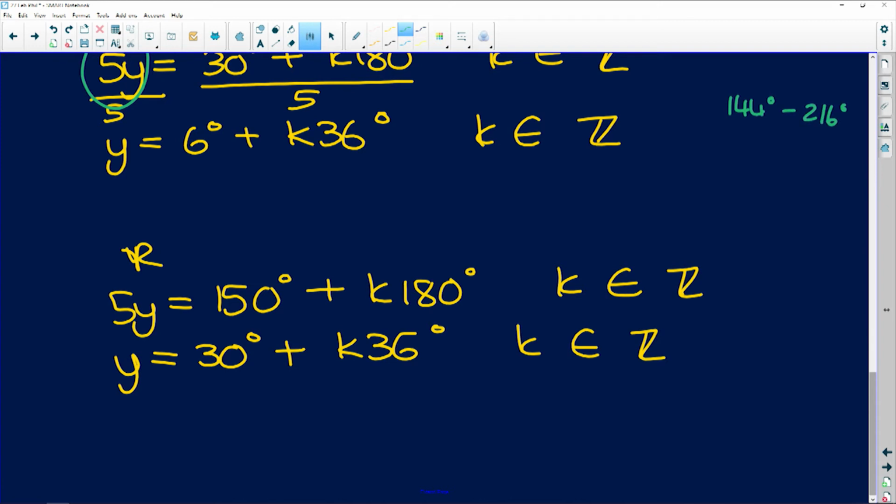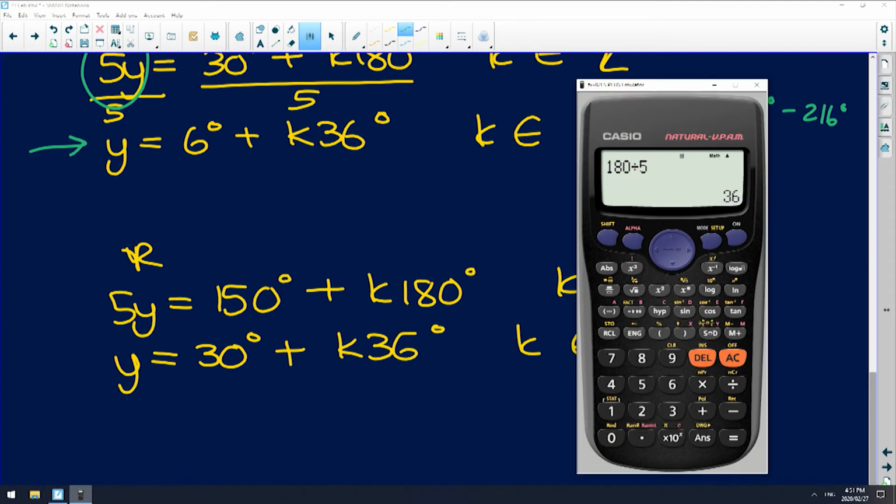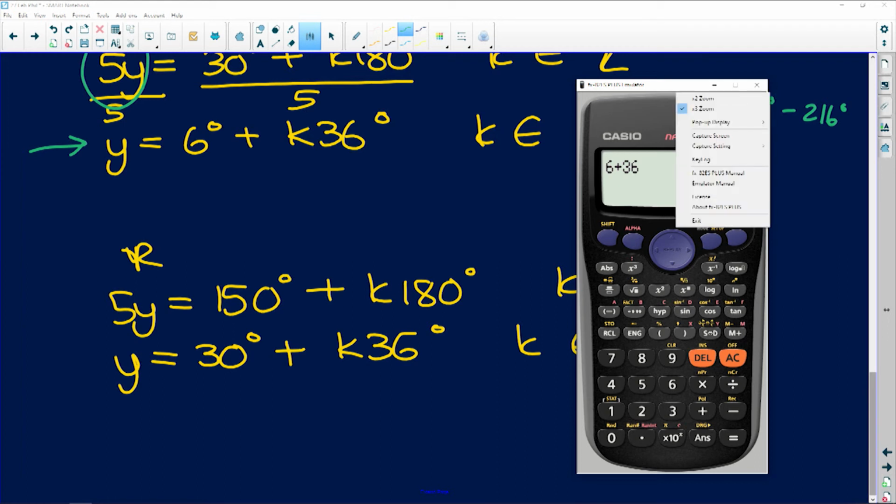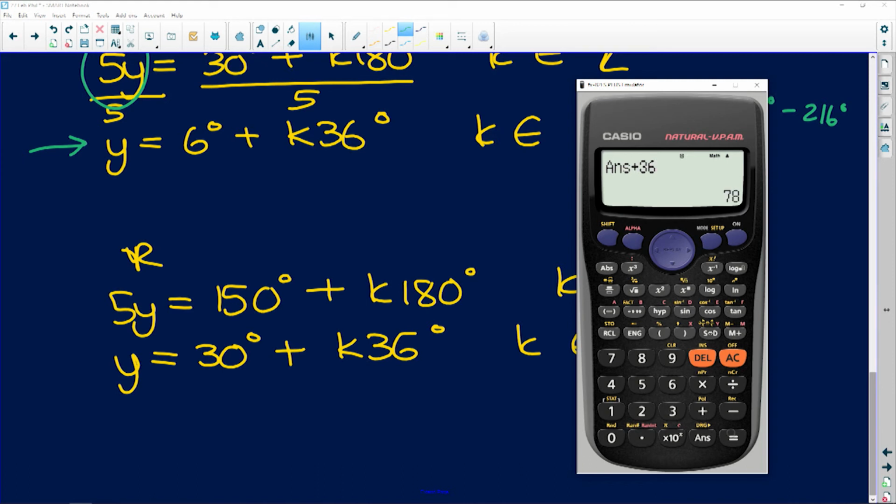So from this solution here, if I take 6 degrees and I add 36, I get 42. Does not sit in that interval. If I add another 36 degrees, I get 78, not in the interval.